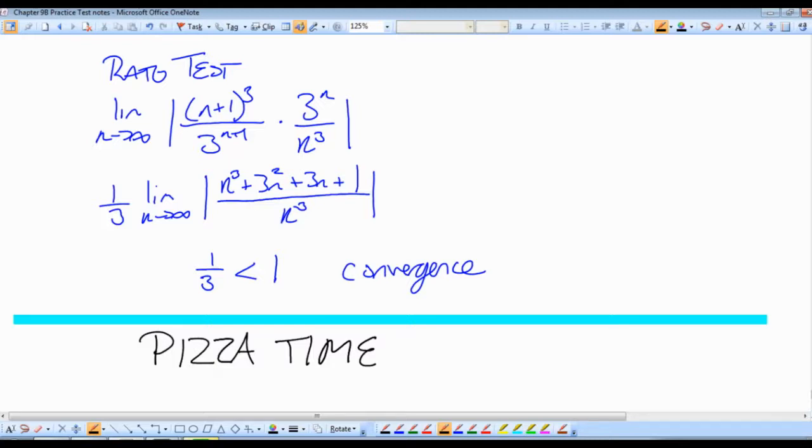The other one's cheese. What happened? They botched it. Yeah, no. Try again. Cheese. Cheese.